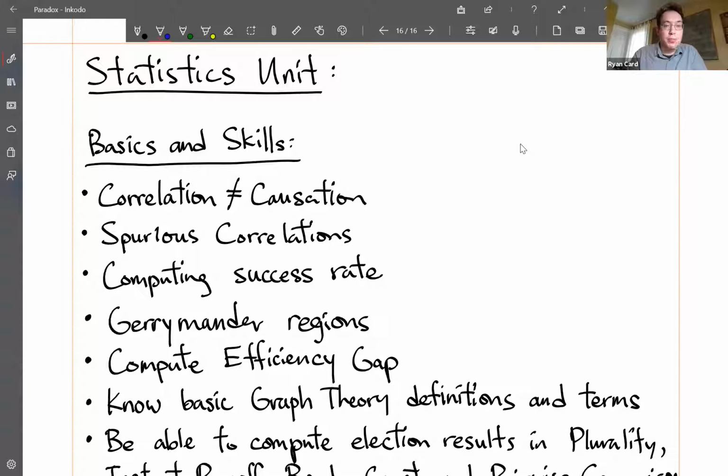We did a few different worksheets. The first worksheet was on correlation, and spurious correlation, and that correlation is not the same as causation. Those are the two basic statistical facts that you should definitely know and be able to articulate.